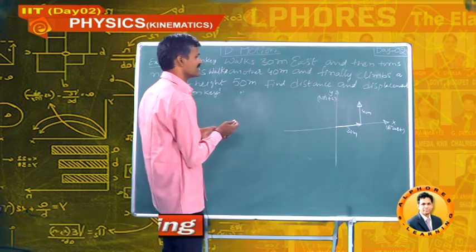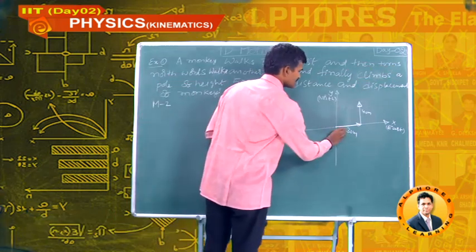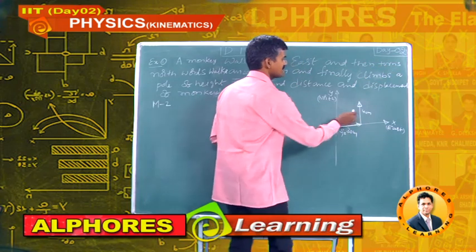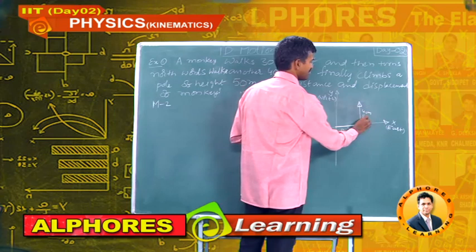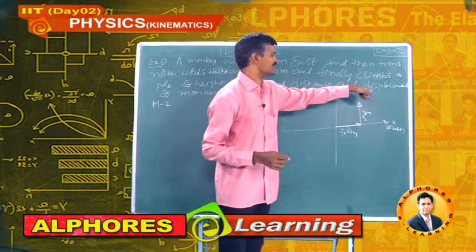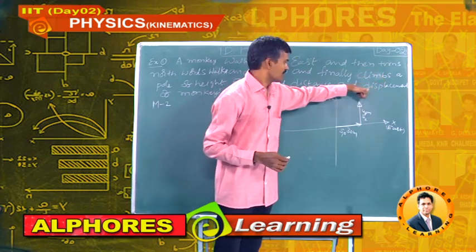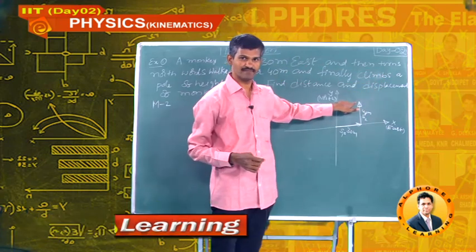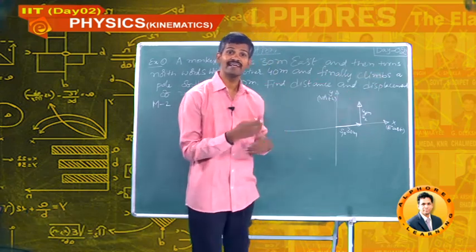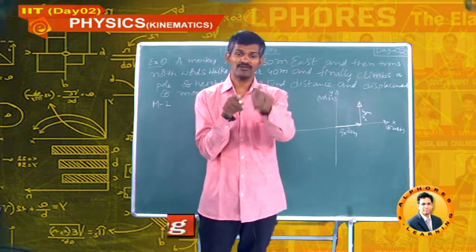So, I am writing this displacement as first displacement S1 and this displacement as second displacement S2 and third displacement, vertically upward direction, that is S3. I can't show this S3 here. So, it is vertically upwards. I am writing each displacement as a vector quantity.